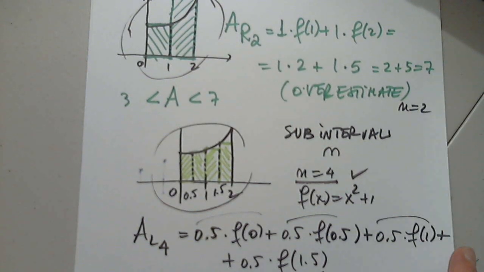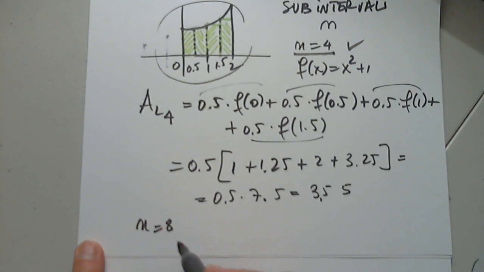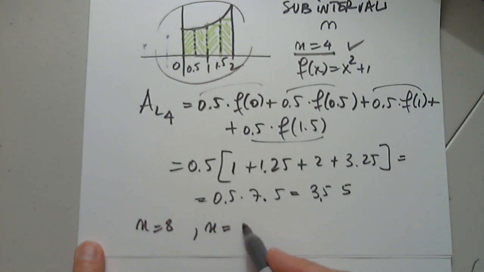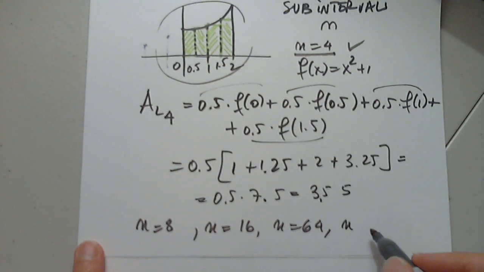Exactly. Excellent. Now, what if I say n equals 8, and then n equals 16, or n equals 64, whatever? Which of these will be better? The more, the better. Excellent.